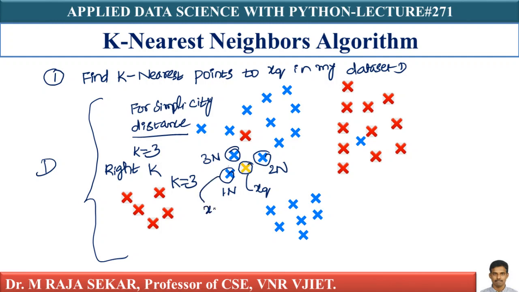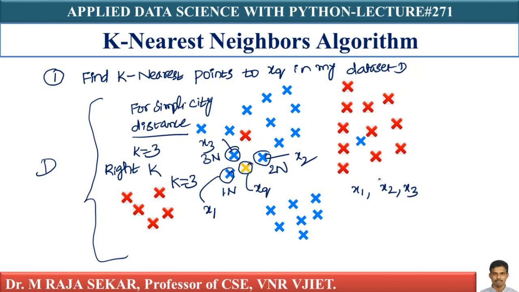Let me say this is x1, this is x2, and this is x3. Let's assume these are the 3 neighbors to xq.